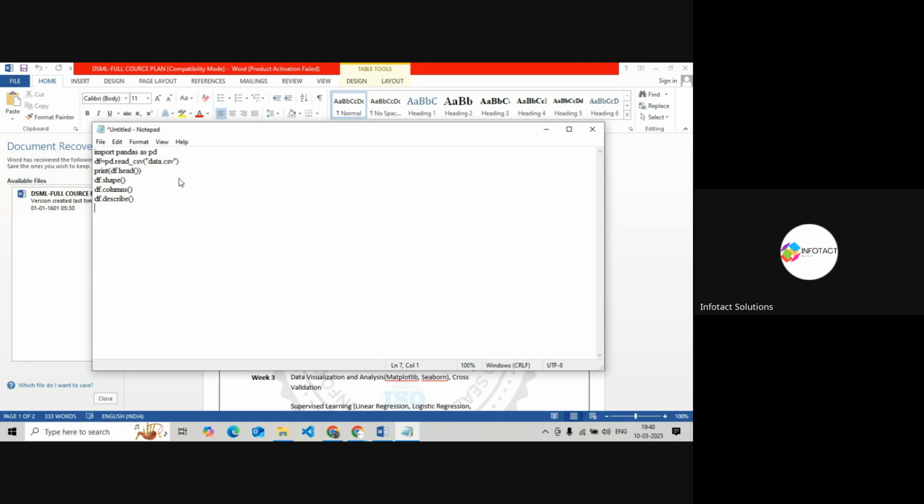To check whether there are any missing values or not, we use isnull().sum().